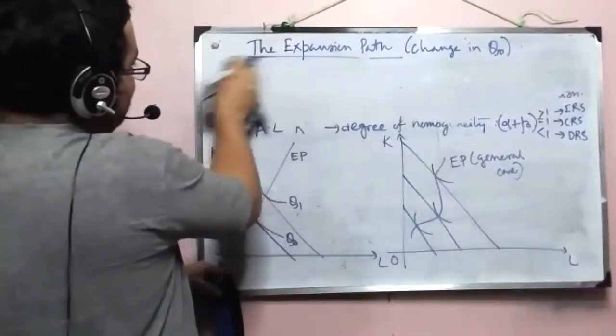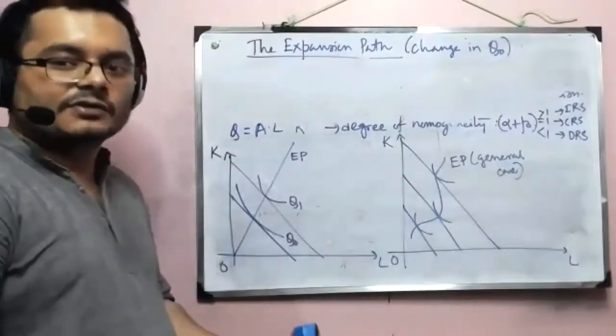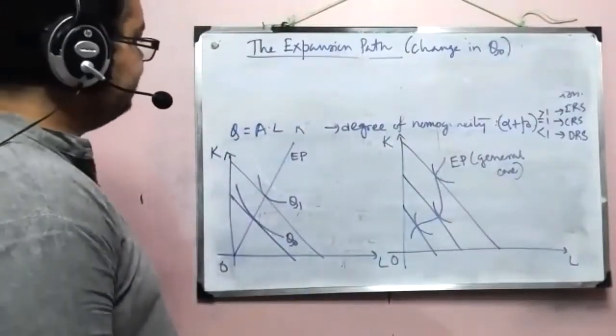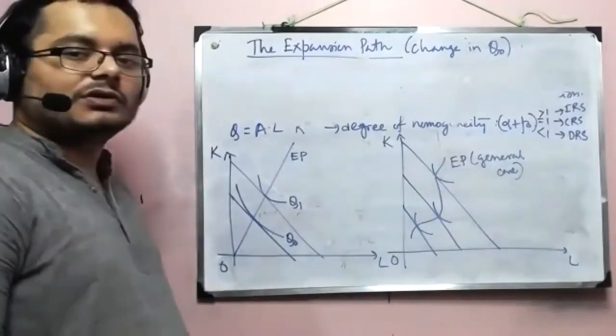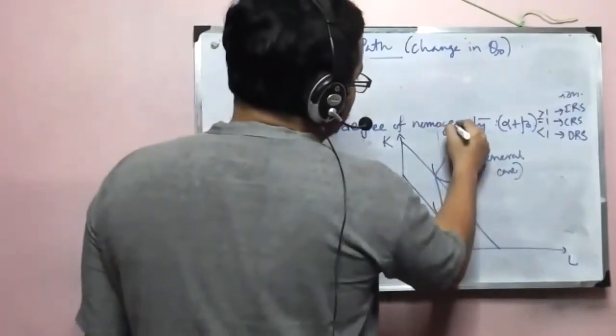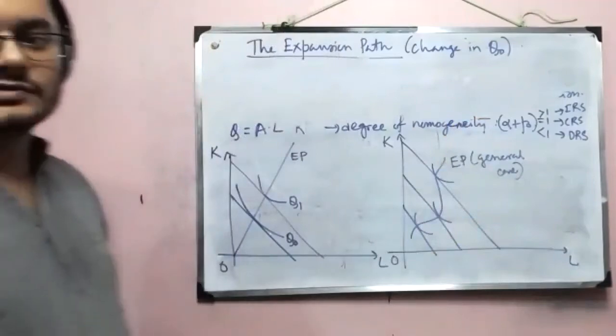The differentiation result, that is the FOC that we derived, will not work. So essentially, if you have some non-convex isoquant, you find the equilibrium condition and then say that this is the equation of the expansion path. That's what you do.